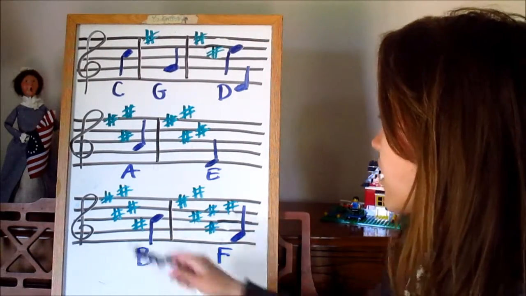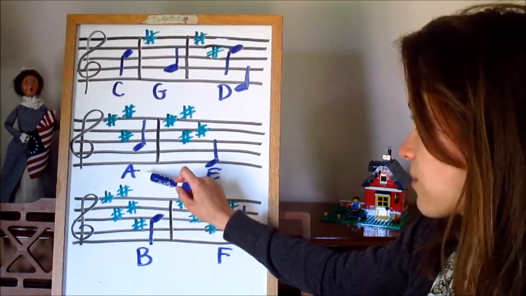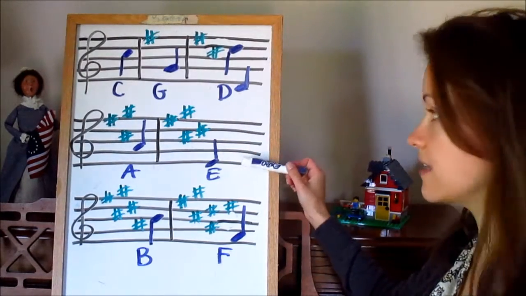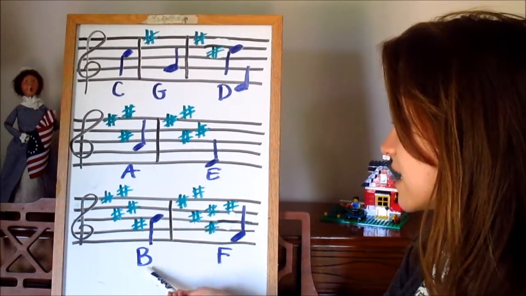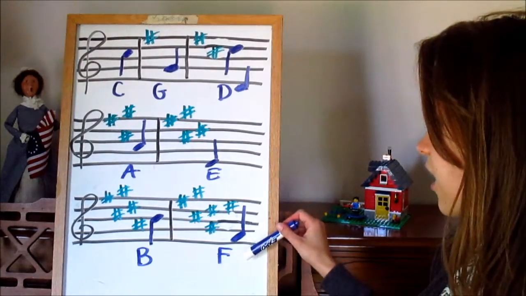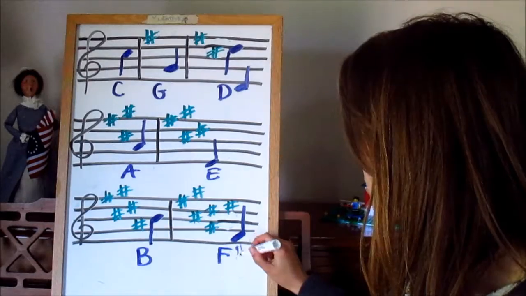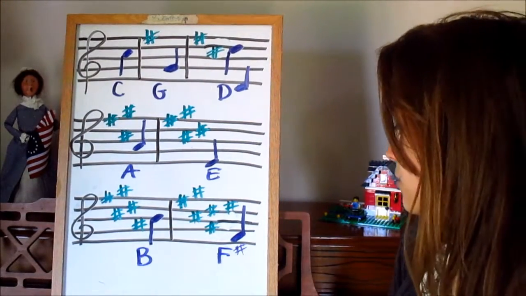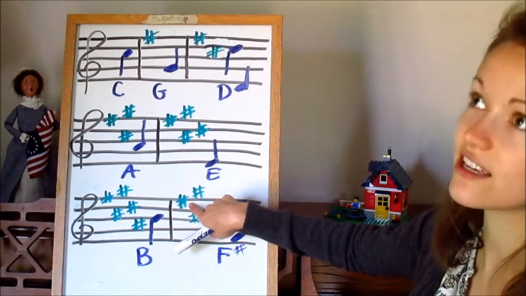Then if you have three sharps, you're in the key of A. If you have four sharps, you're in the key of E. If you have five sharps, you're in the key of B. If you have six sharps, you're in the key of F sharp major, because F sharp is do. The F is sharped.